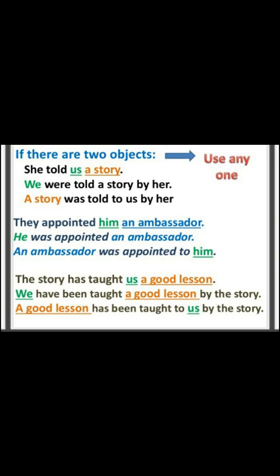First of all, we will start with the first object. So we will change active voice into passive voice with the first object. Here in the first sentence, she told us. Us is the first object and a story is the second object. Us is an object, so when we convert us into a subject, it will become we. The past indefinite tense helping verbs are was and were.